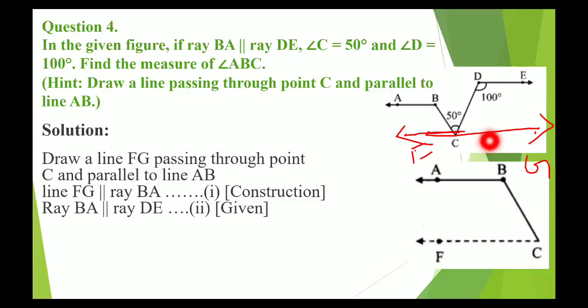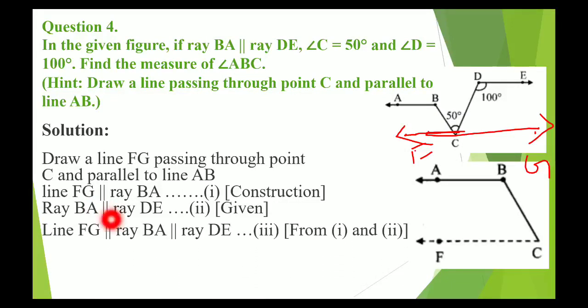Now from the given we have written AB is parallel to DE. From statement number 1 and 2 we can write line FG is parallel to BA and BA is parallel to DE.